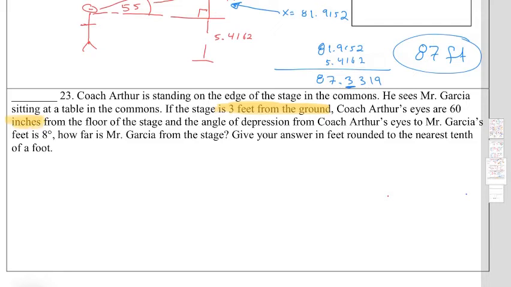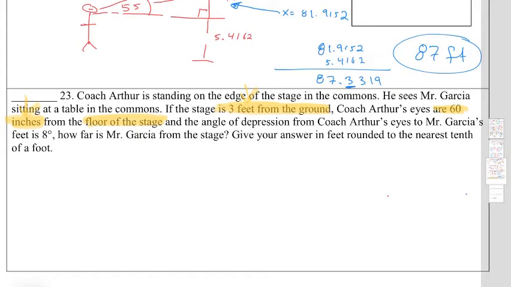Now we have to be careful because here it's talking about feet, and here we're talking about inches, so we have to do a little conversion. And it says it's from the floor of the stage. So not the ground, but from the floor of the stage.